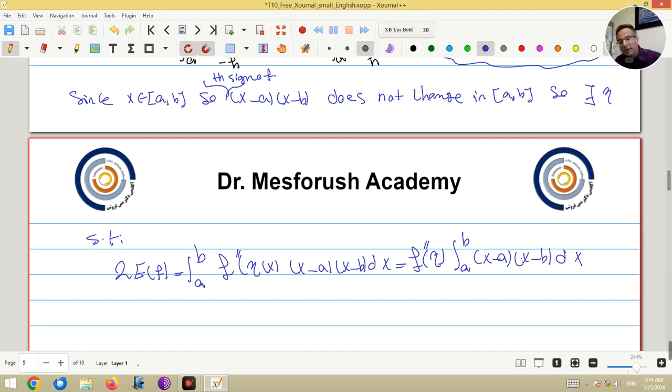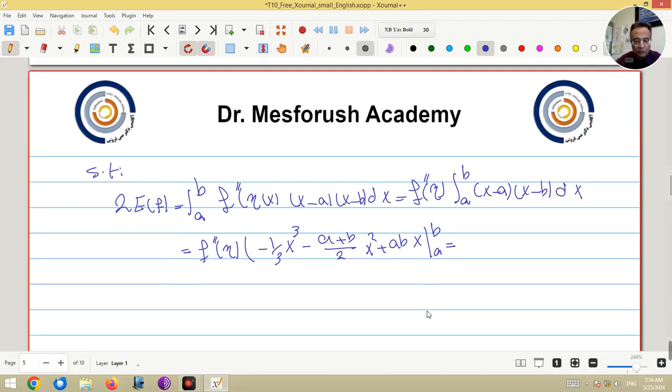If you multiply these two parentheses and take the integral, you will get f double prime eta times minus 1 over 3 x cubed minus (a plus b) over 2 x squared plus a b x from a to b, and if you use the fundamental theorem of calculus for integration, you will get minus f double prime eta times (b minus a) cubed over 6, and this one is in fact minus h cubed over 6 f double prime at eta.